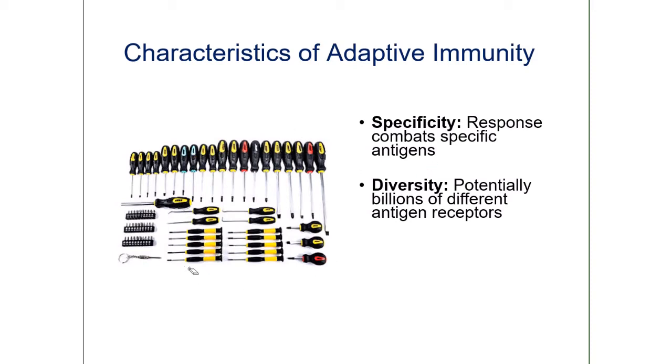Okay, so the screwdrivers, the tips are different for each screwdriver, but then the handles are pretty much the same thing. So each individual screwdriver is designed to tighten a particular type of screw.